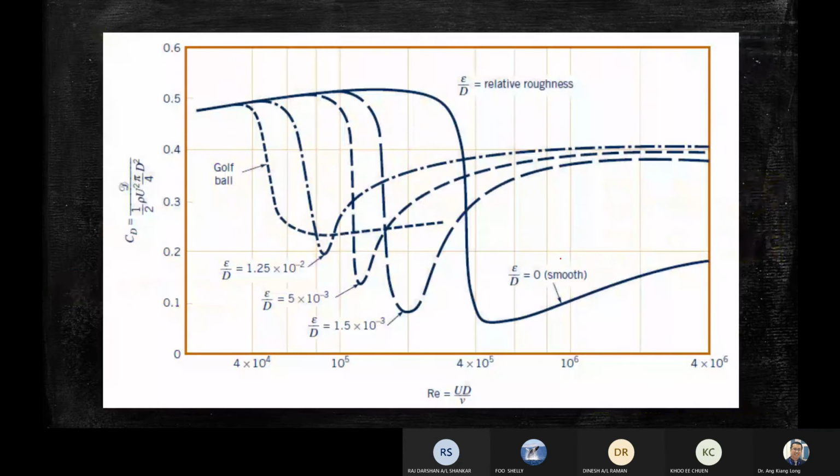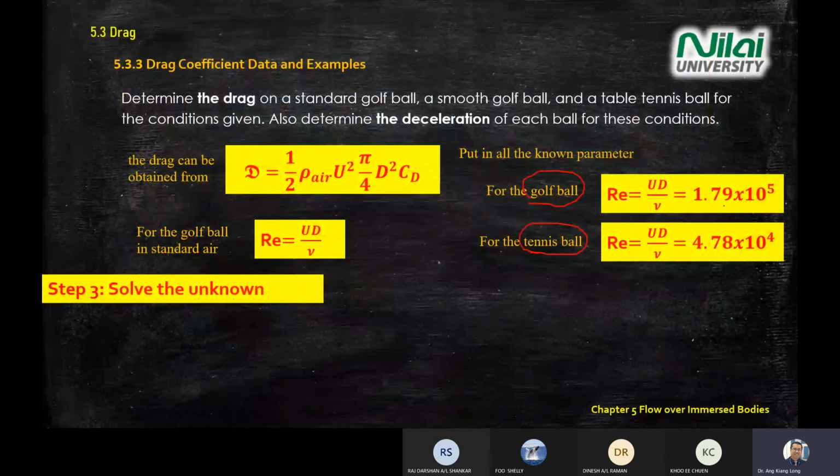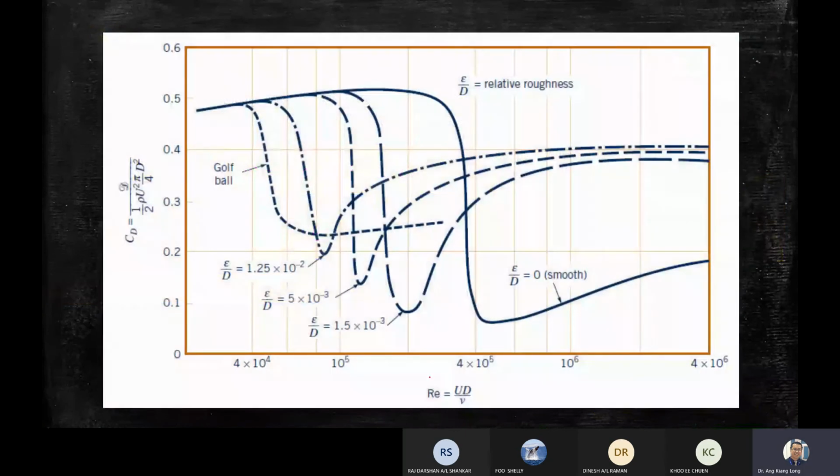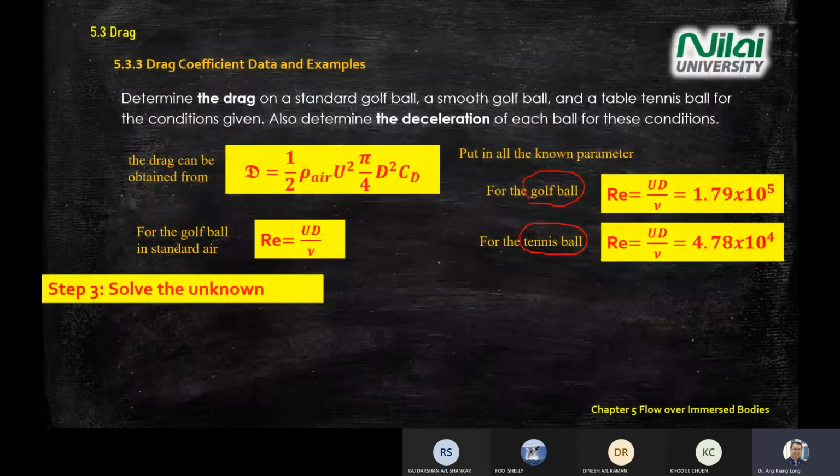So you look back at the graph. The first one, 1.79. You go to the Reynolds number, which here is U D divided by kinematic viscosity. The first one is 1.8 times 10 to the power 5.